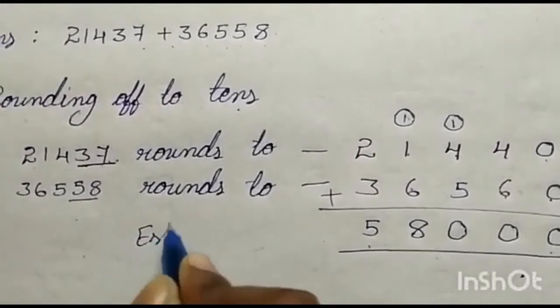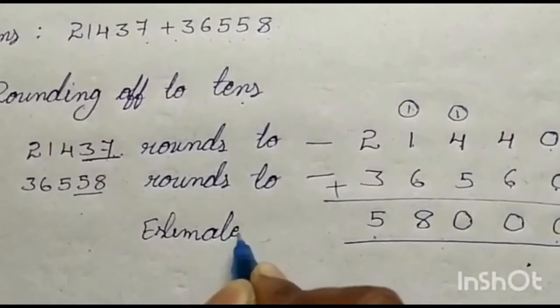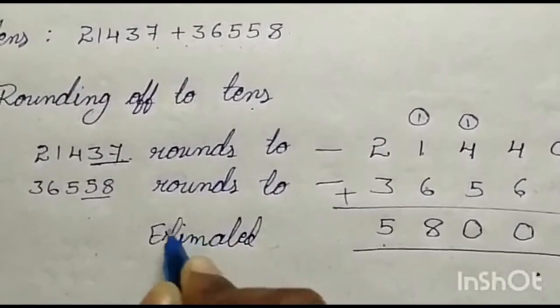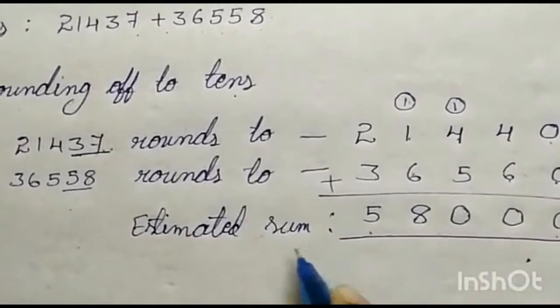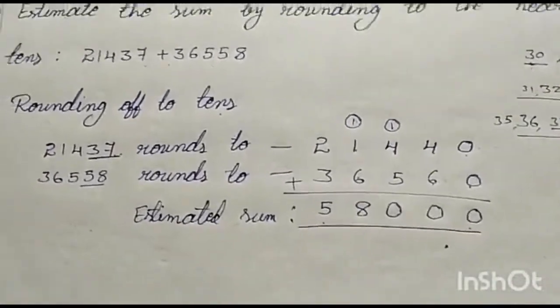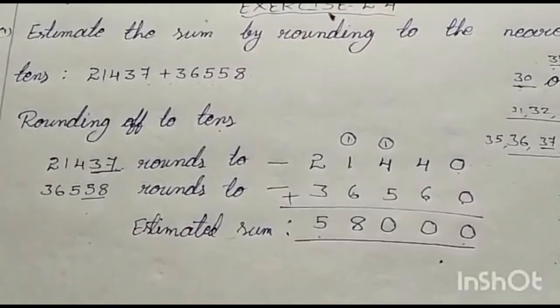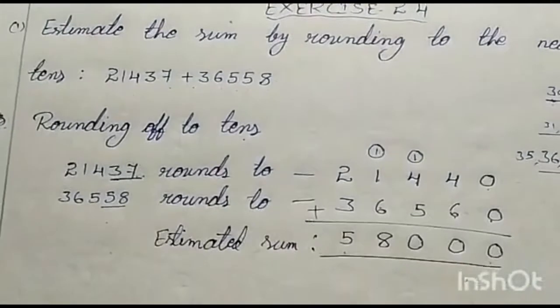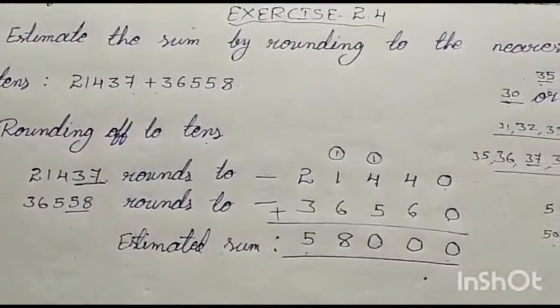This is the estimated sum, not the exact sum. It is the estimated addition. Like this we have to do the additions nearest to the tens.